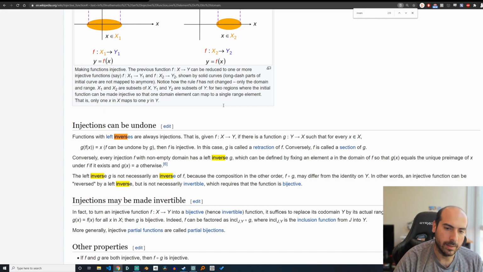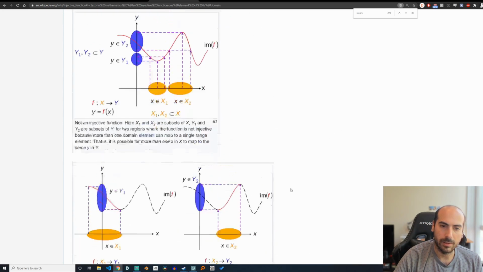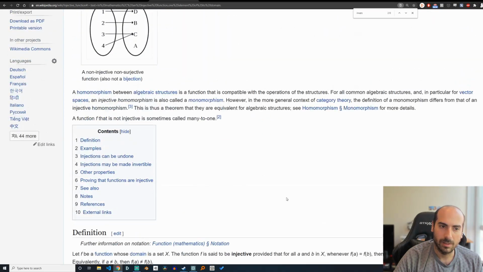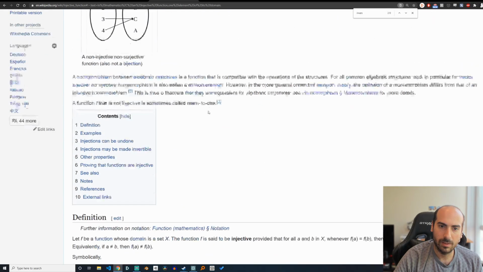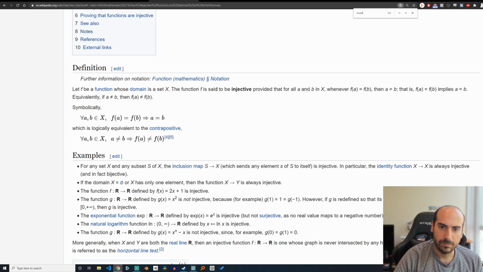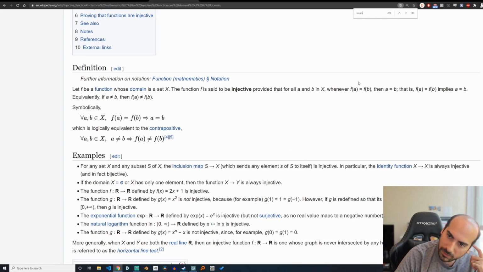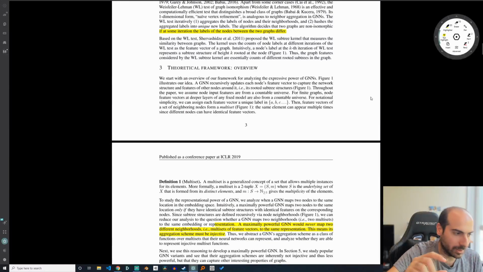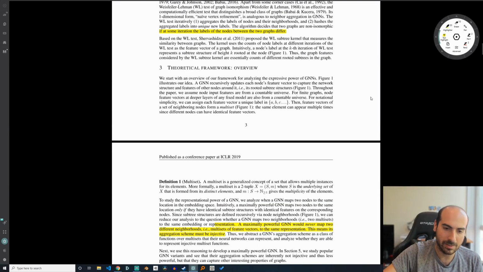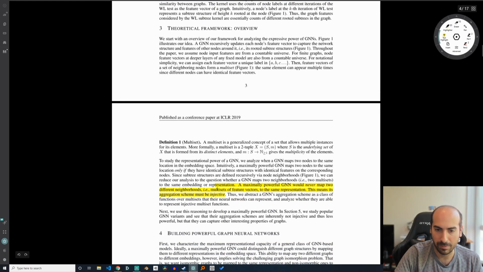Oh, I see. Provided that whenever f of a is equal to f of b, then a equals b. So it's not that it's invertible. It's just that if the output on any two neighborhoods is the same, then it's the same neighborhood.